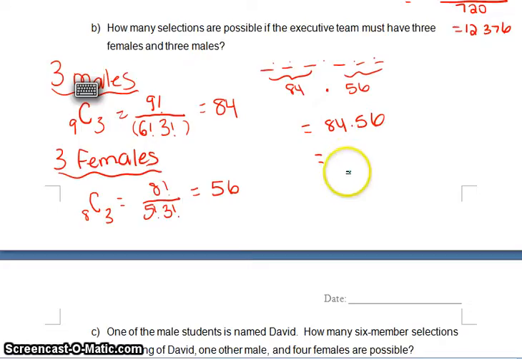If you put that into your calculators, we should find that there are 4,704 possible ways to have a 6-student council executive team with 3 females and 3 males. So there's a bunch of different ways that we can sort out our females and males. Kind of crazy, but there it is.